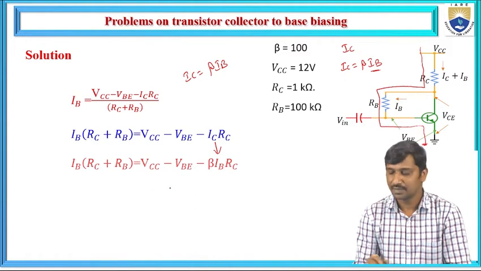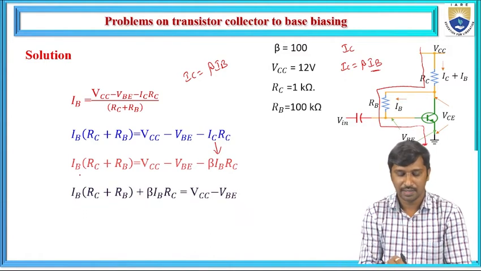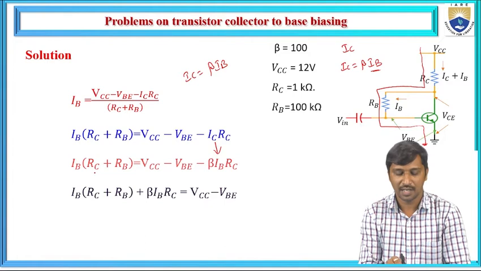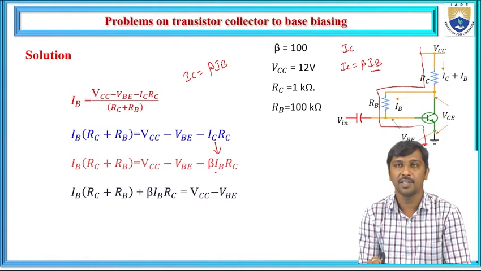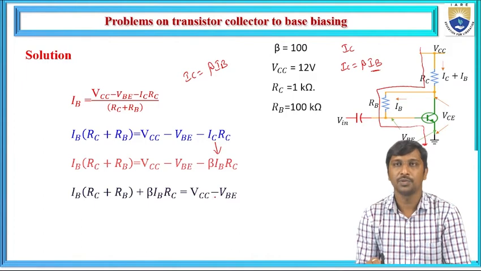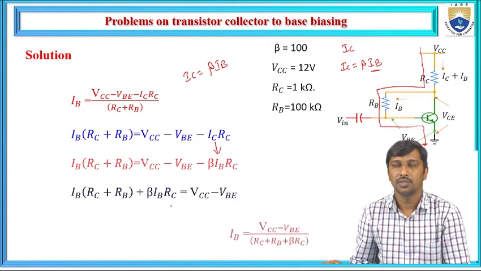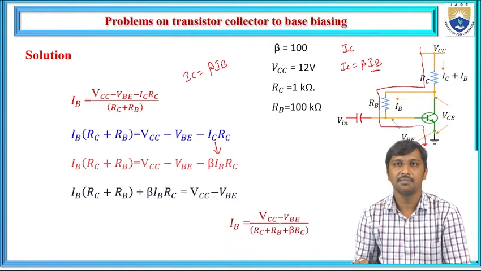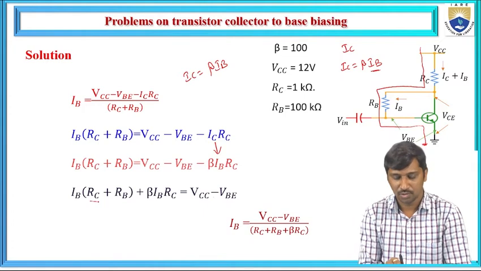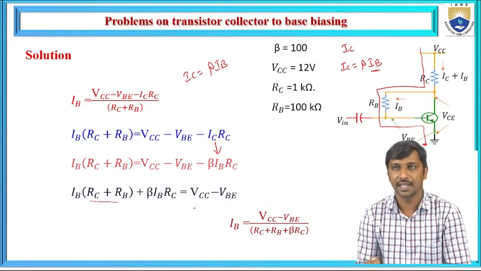Now take the common terms. IB is common: IB times RC plus RB, plus beta times IB into RC, that is equal to VCC minus VBE. So from this, we need to find the IB current. IB is equal to VCC minus VBE divided by RC plus RB plus beta times RC.